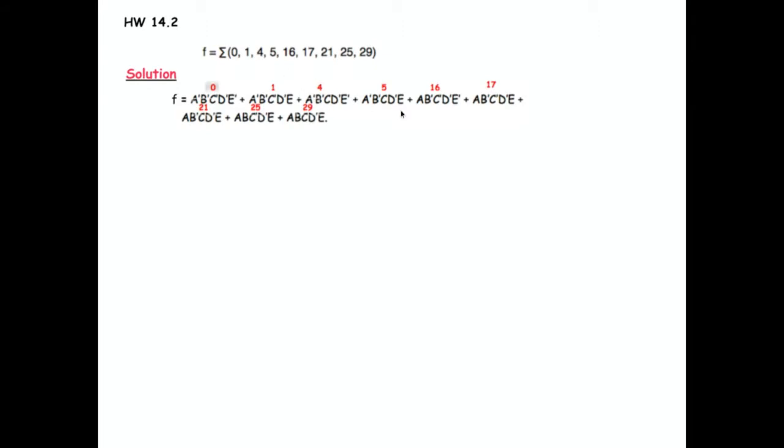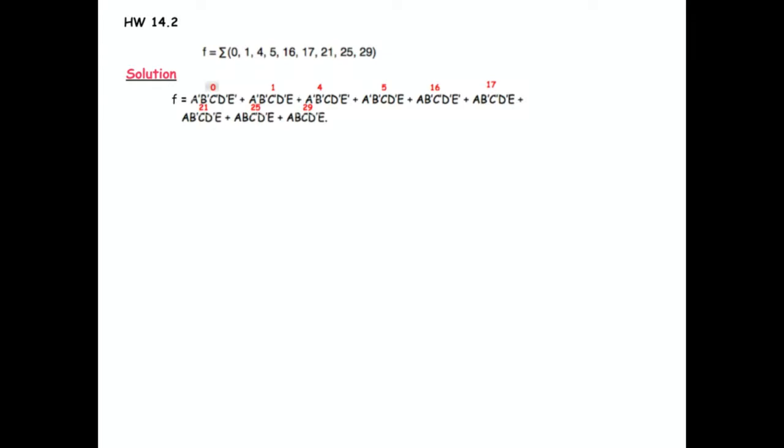Then we have 5, just 1 more true value, it's the E. Then we have 16, it's going to be 1 and 4 zeros, so A is true value, the rest of them are complements. And we have 17, almost the same, but the last one, the E is now true value. 21 is going to be 16, no 8, 0, 4, 0, and 1.